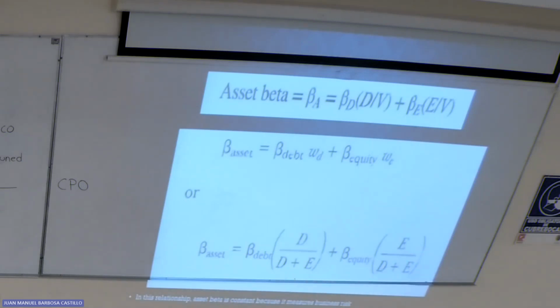Something we can never say about the market risk of the equity. For debt, it is plausible, it is possible, we can do it. But even if we wanted, we can never do that with the equity beta. Is that clear? Equity beta can never be 0. Not possible, okay? In public or in private companies? For any type of company.